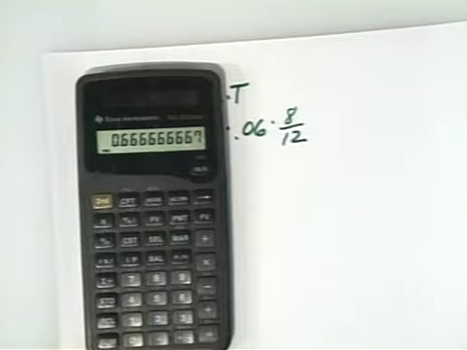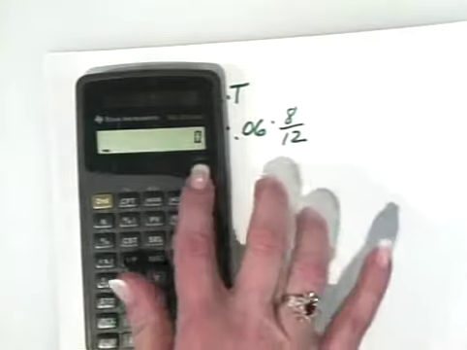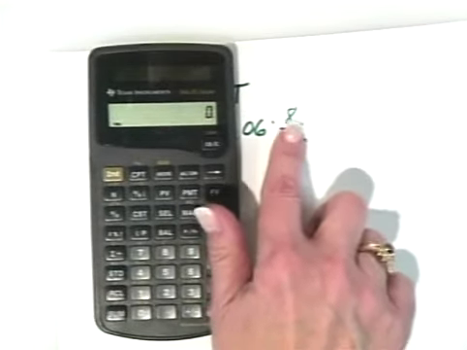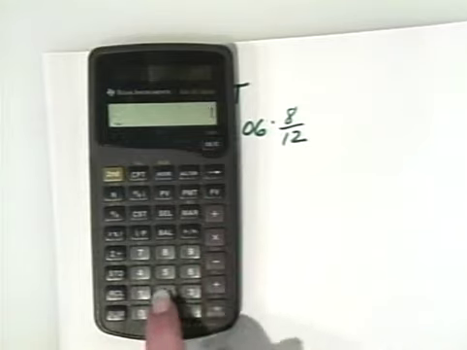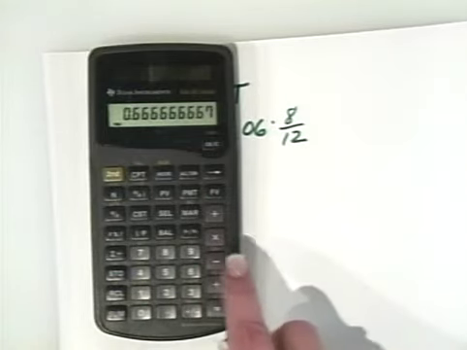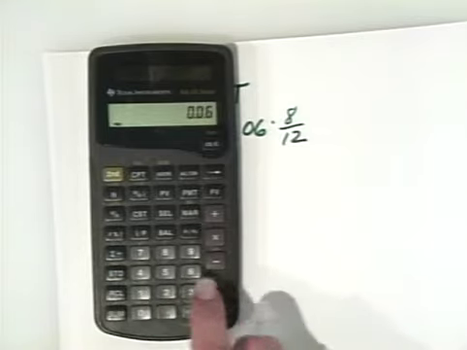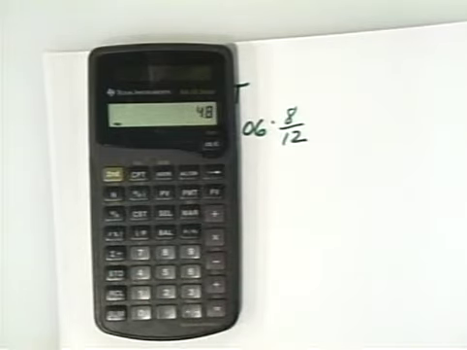So we want to carry the whole decimal. If we were going to do 8 divided by 12 equals first, and then times 1,200 times 0.06 equals, you're going to have 48. We don't want to take that times 0.66. Does everyone get 48?